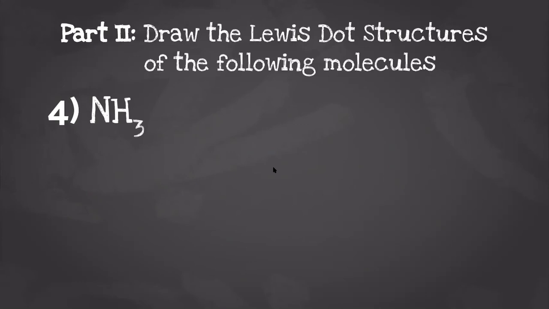For our next one, we have ammonia. Nitrogen has 5 valence electrons, like in my periodic table: 1, 2, 3, 4, and 5. And each hydrogen is going to have one valence electron. So again, just like a puzzle, trying to see where they all fit.